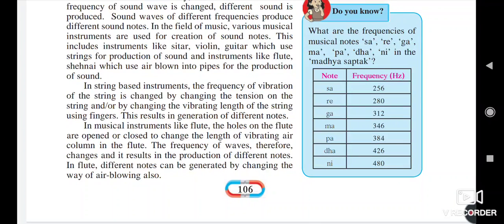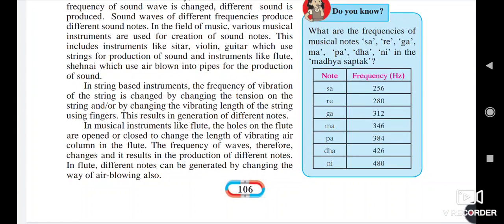In string-based instruments, the frequency of vibration of the string is changed by changing the tension on the string or by changing the vibrating length of the string using fingers. This results in the generation of different notes. In instruments like the flute, the holes are opened or closed to change the length of the vibrating air column.